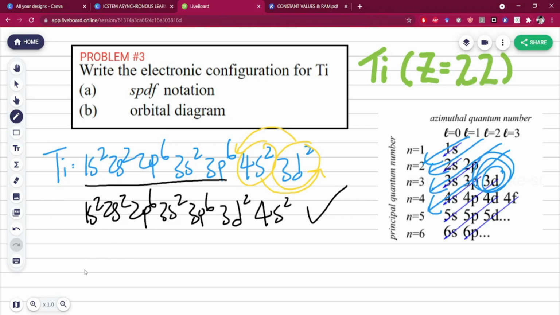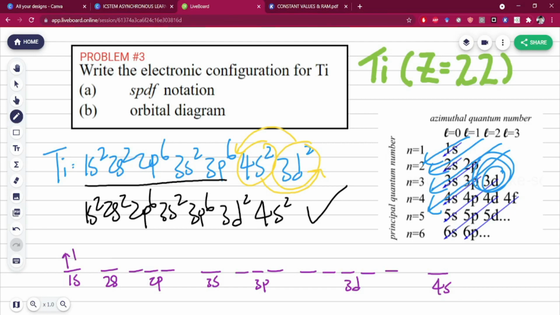And the orbital diagram, so you have 1s, you have 2s, 2p, 3s, 3p, 1, 2, 3, 4, 5, 3d, and 4s.